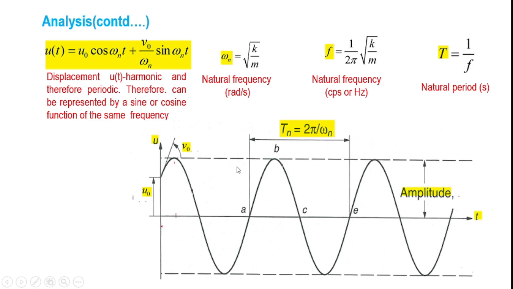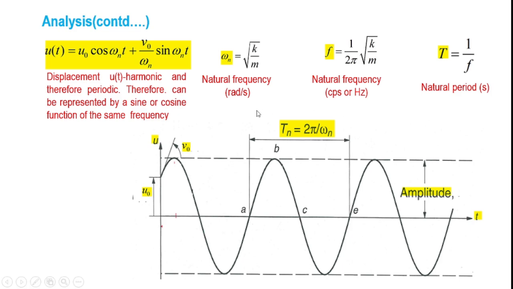Remember that the amplitude of the vibration remains constant. Once the system is given an initial displacement, it goes on vibrating without any decay or reduction in amplitude, and even at t equal to infinity the amplitude remains constant. Obviously, such a system is very difficult to exist in practice, but this will always help us to proceed further into damped vibration systems.